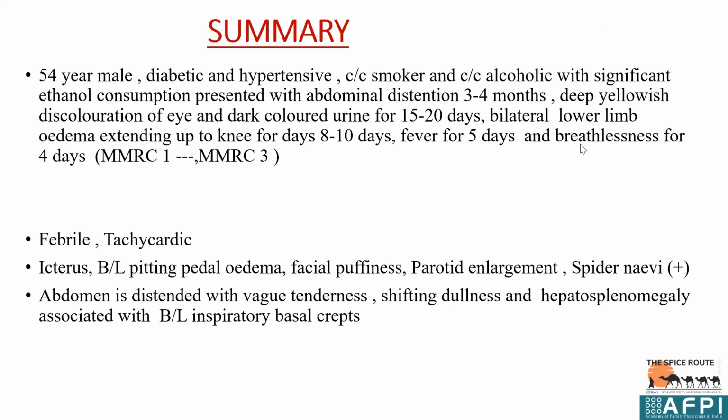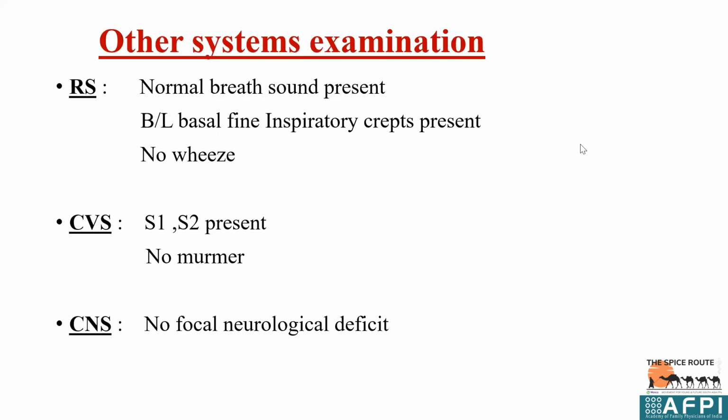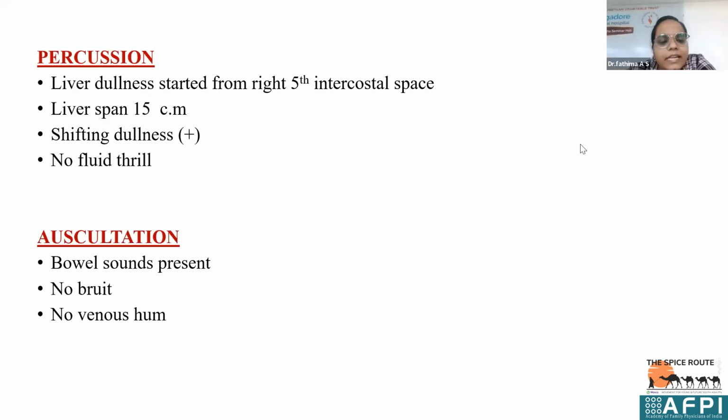Are there any other signs of CLD in this patient? Yes, sir. Liver span is increased and hepatomegaly is there, sir. So in cirrhosis, is the liver span enlarged or decreased? Usually it is decreased, sir, due to fibrosis. Then how do you say that is a sign of cirrhosis?